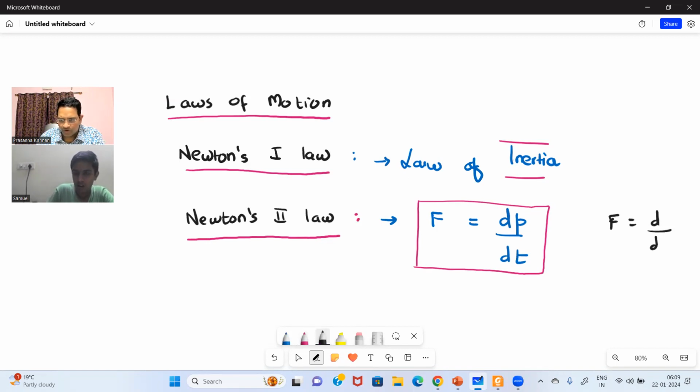You know that momentum is what? I'm asking you what is momentum. mv. Yes, mass into velocity. Mass is constant, so I can take it out of the differentiation.